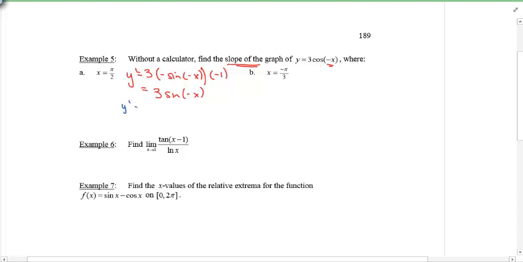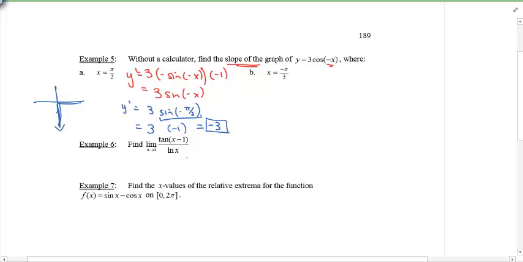Evaluating this at pi over 2 means I want 3 times negative sine pi over 2. Sine negative pi over 2, that is what value? You should have memorized these. Negative pi over 2 is actually right on the y-axis. Sine is the y value, so I believe it's negative 1. So the answer here is just negative 3.